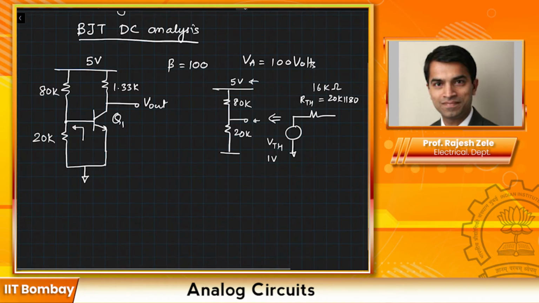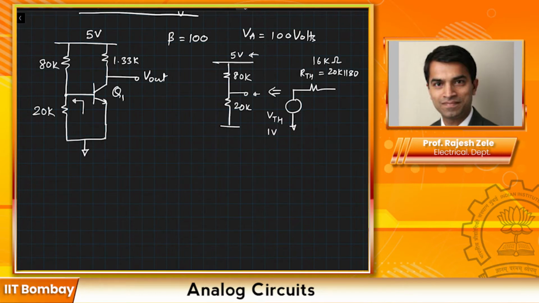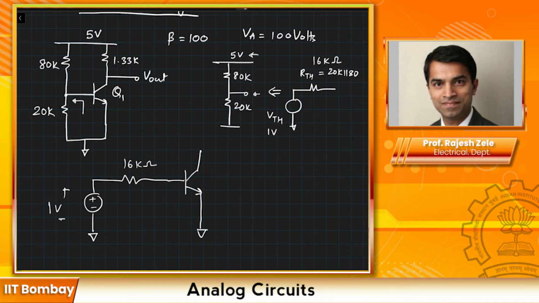Now I can draw the circuit again, and it's going to look like this, and we will assume VBE on for the bipolar transistor equal to 0.7 volts. This is 1 volt. We can safely assume that the bipolar base emitter junction is turned on and VBE equals 0.7 volts.